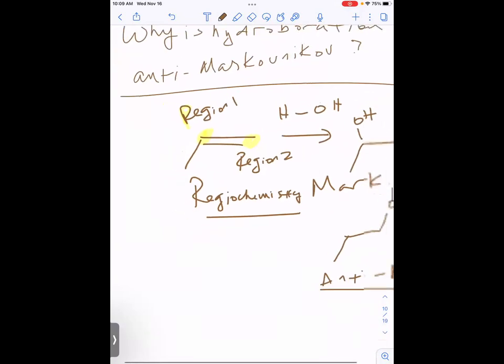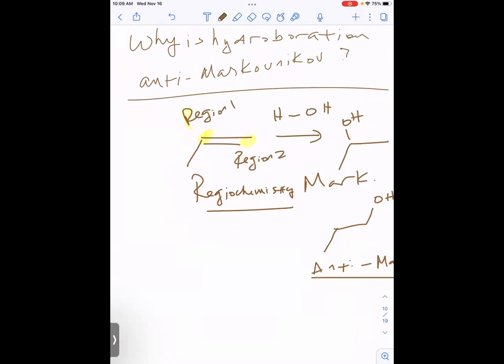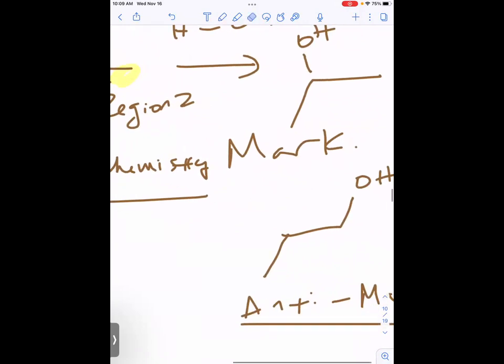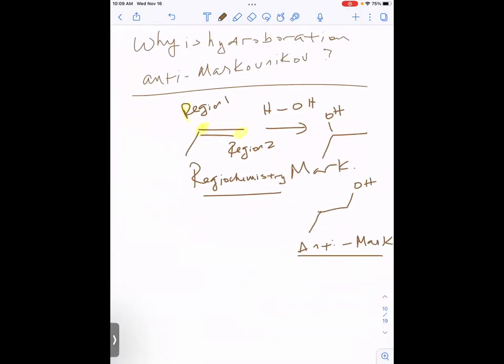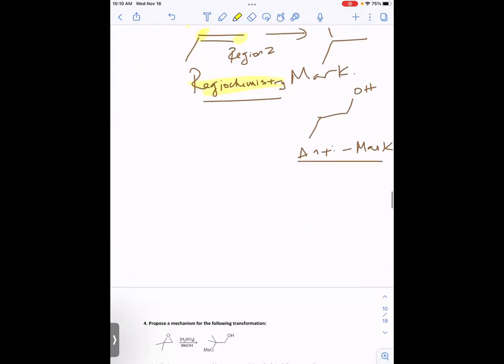Those are the two locations where you can add an OH group. So that's why we call it regiochemistry. And that's what Markovnikov and anti-Markovnikov describe, the regiochemistry of the reaction, like which carbon in that double bond is going to add the OH, which carbon is going to add the hydrogen.